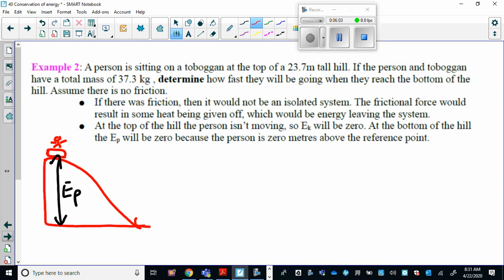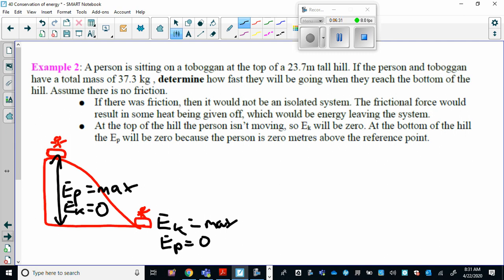And when you get down to the bottom of the hill, you are all kinetic energy and no potential energy. So at the top, the EP is a max and the EK is 0. At the bottom, the EK is the max and the EP is 0.